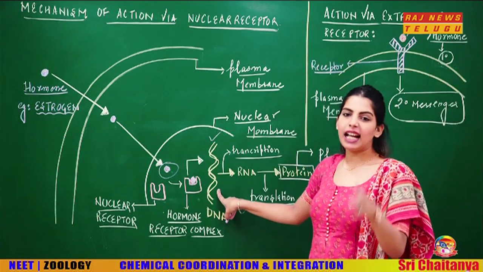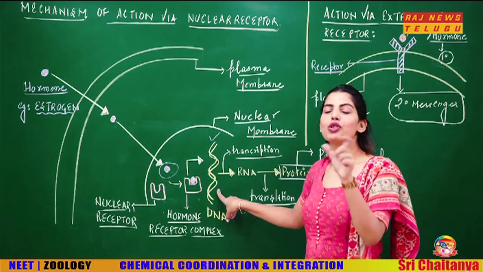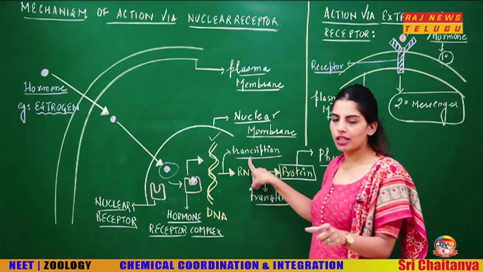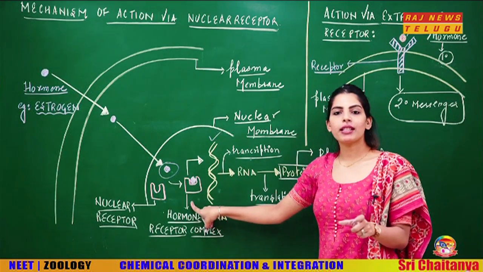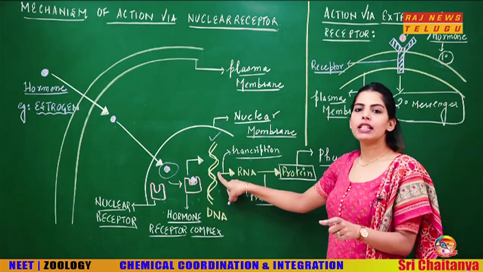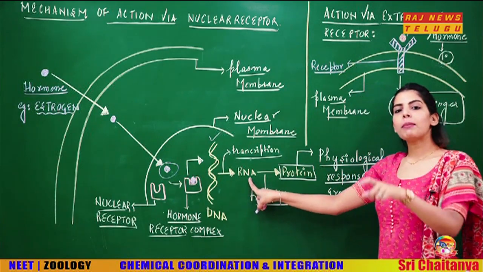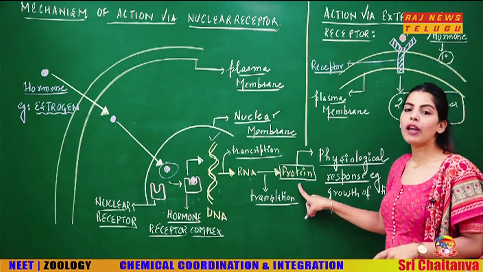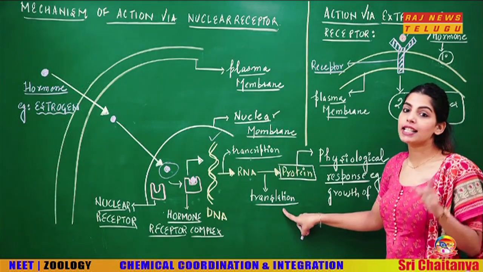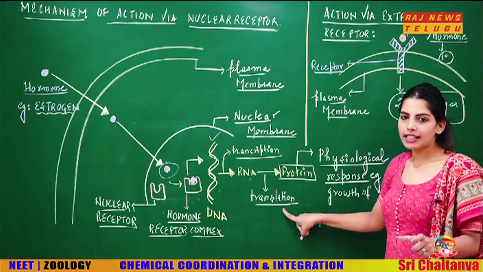You know that DNA forming RNA is known as transcription. So as soon as the hormone receptor complex binds on the DNA, it is going to cause the formation of RNA, which is ultimately forming a specific protein via translation. Understanding?